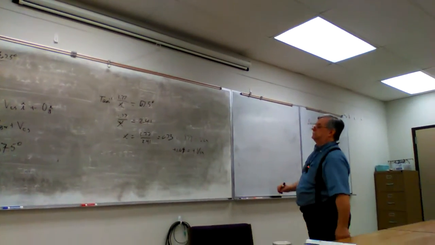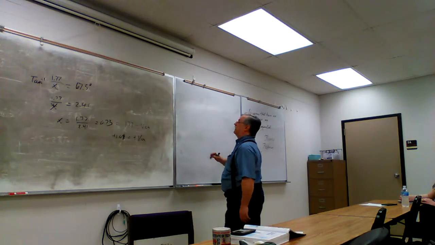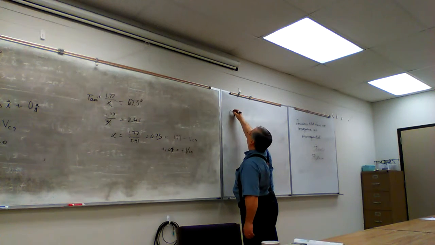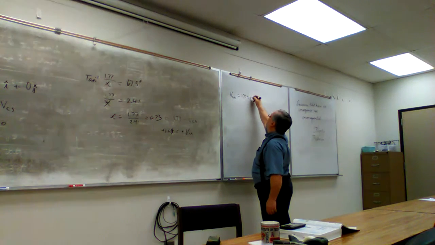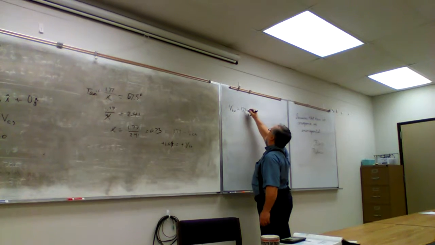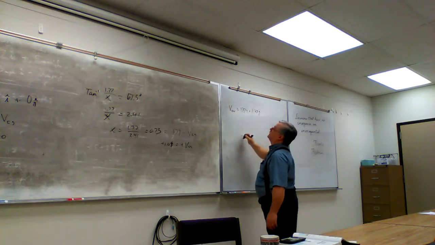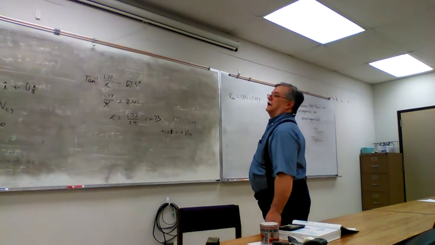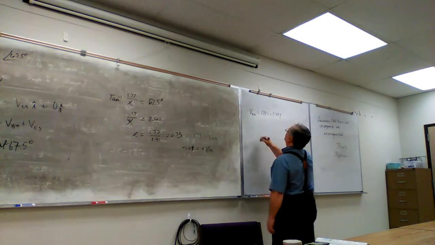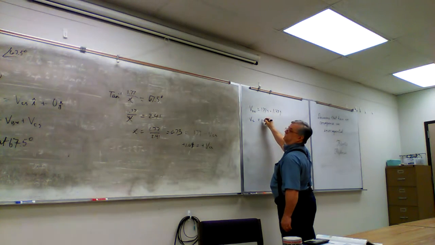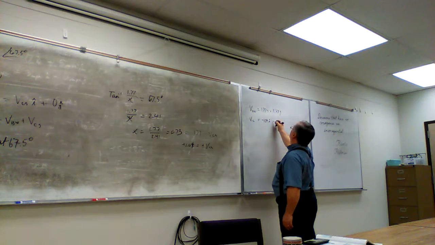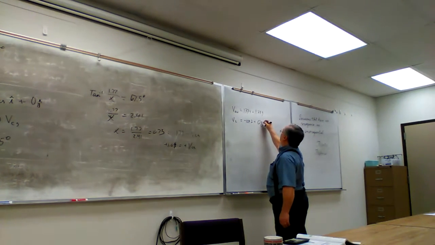What we're saying is that a boat with a velocity relative to the water of 1.77 I plus 1.77 J, and we add to that the velocity of the current, which would be minus 1.04 I plus 0J.